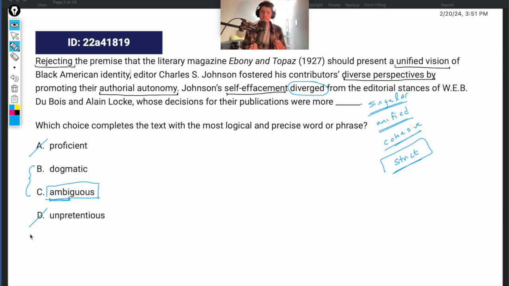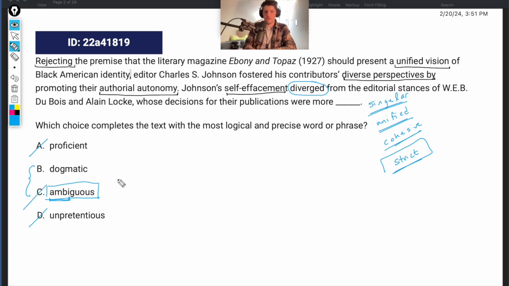Ambiguous means maybe a lack of clarity between two things, right? It really means something is unclear, but you could say maybe both. Maybe it's hard to see which of two things is true, right, or is correct, right? We don't want their decisions to be ambiguous. Their decisions should be clear and strict, right?